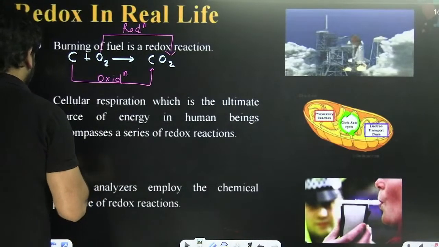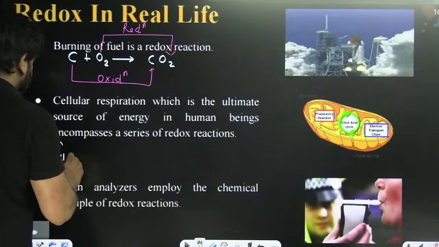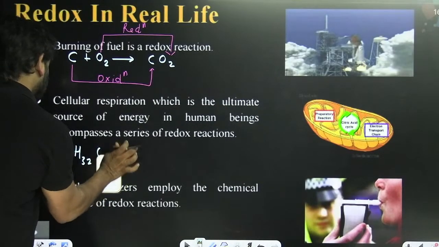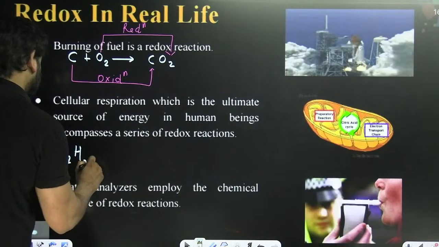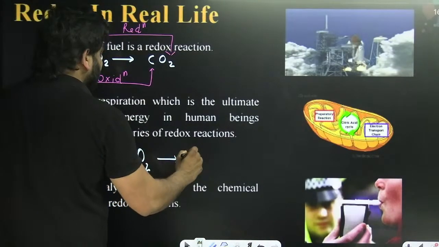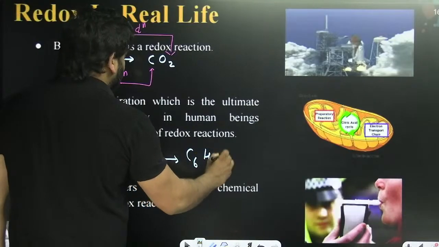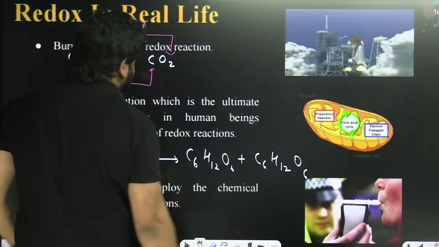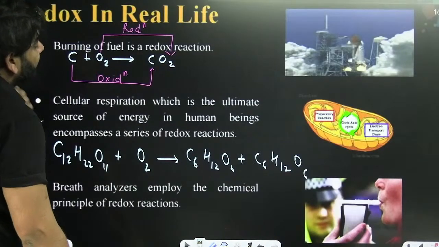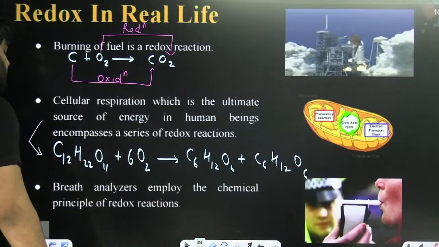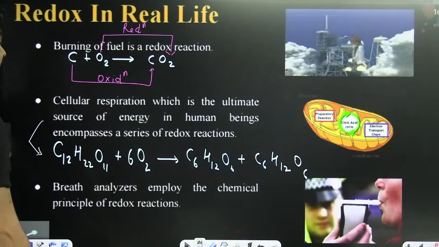We have sucrose here, C12H22O11, plus oxygen gives you C6H12O6 plus C6H12O6. These are glucose and fructose, and in order to balance it, 6 molecules of oxygen are used here, and this is a complete balanced reaction.